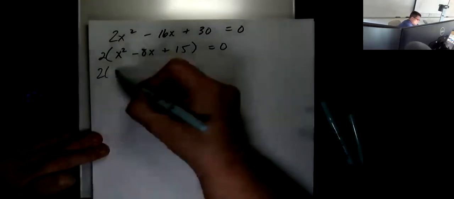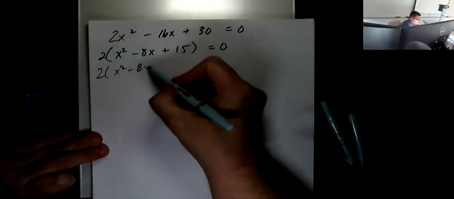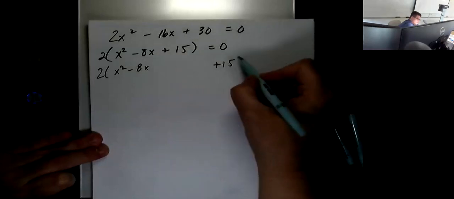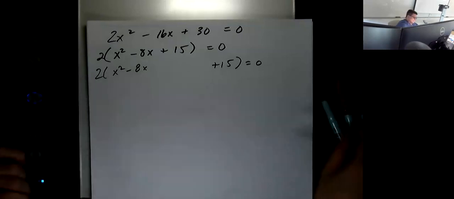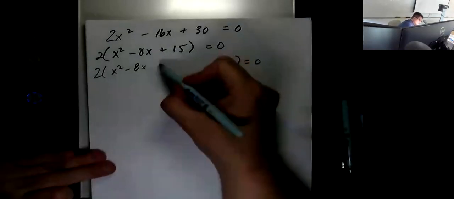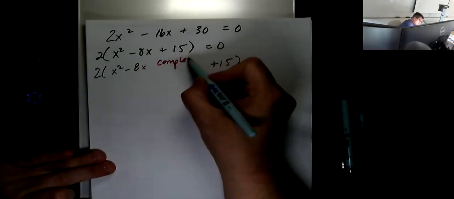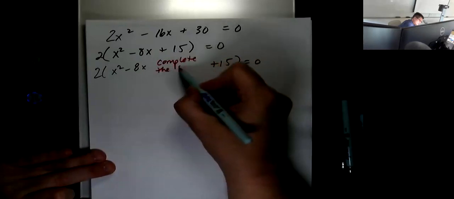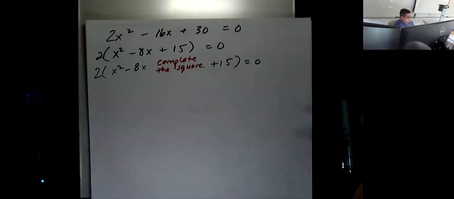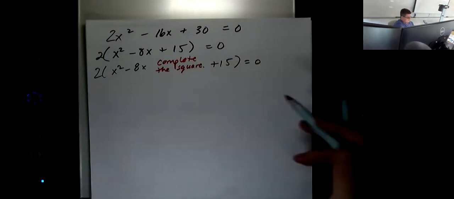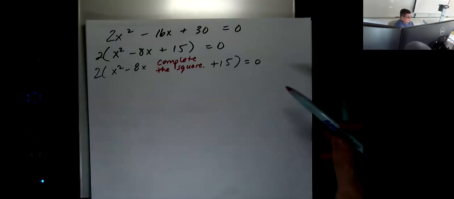Then you complete the square in here. Leave the parentheses there though. Now, if you have it equal to 0, we could just divide by 2.